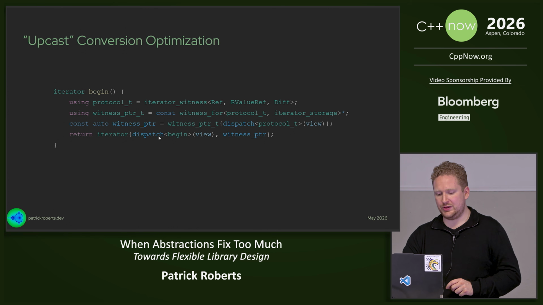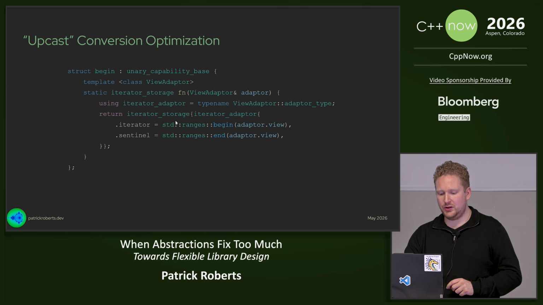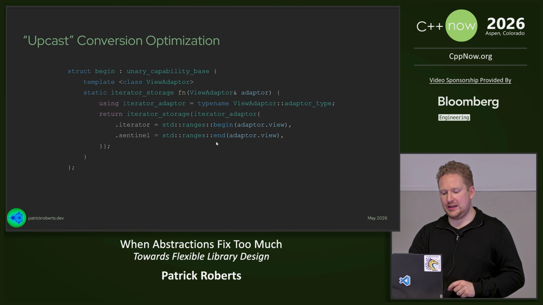So I want to show what the dispatch on begin looks like first. So the begin capability, the concrete type is this view adapter type. So it holds a view type, and on that we call the ranges begin and end, and then store an iterator adapter that is the concrete type for the iterator's storage.